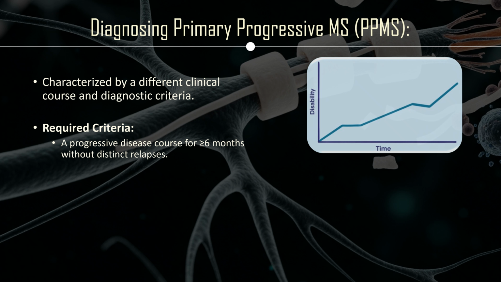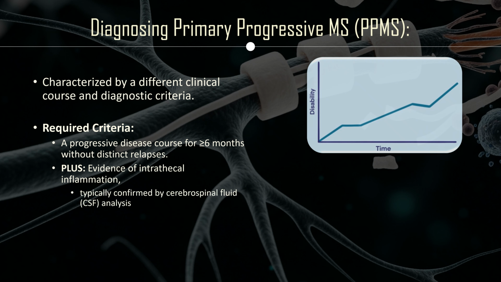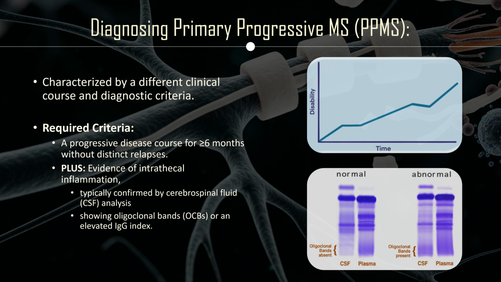In addition to this clinical progression, diagnosis of PPMS requires evidence of intrathecal inflammation. This is typically confirmed through cerebrospinal fluid or CSF analysis, revealing oligoclonal bands or an elevated IgG index. We'll delve deeper into CSF analysis shortly.